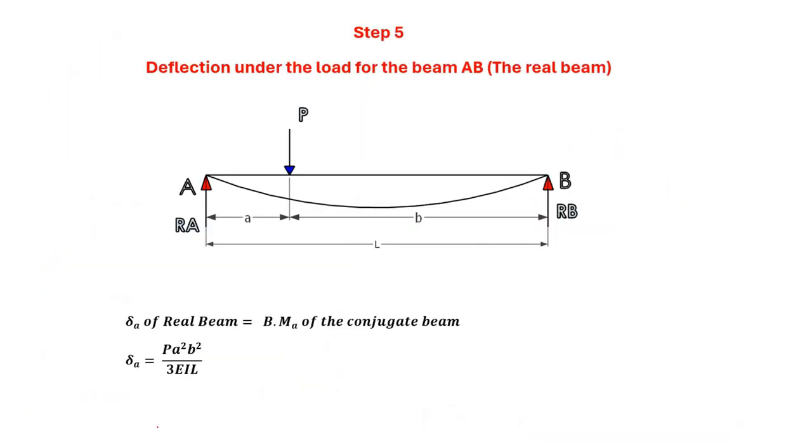So proceeding further, you can see that now this is the real beam. So note that this is the real beam. So coming back to the real beam, we have calculated this delta A, which is equal to PA square B square by 3EIL, that is the bending moment of the conjugate beam. Then we want this rotation theta A, and also what is the slope theta B. So that is nothing but RA dash and RB dash of the conjugate beam.